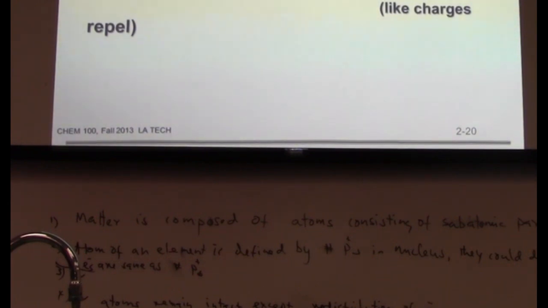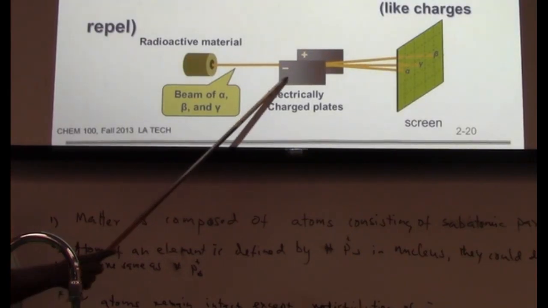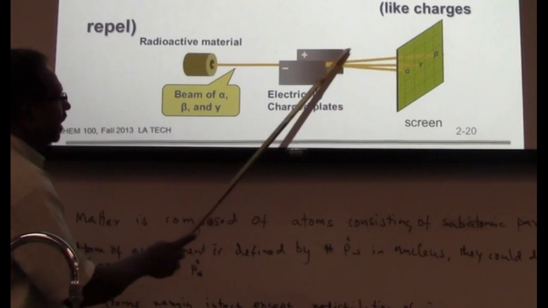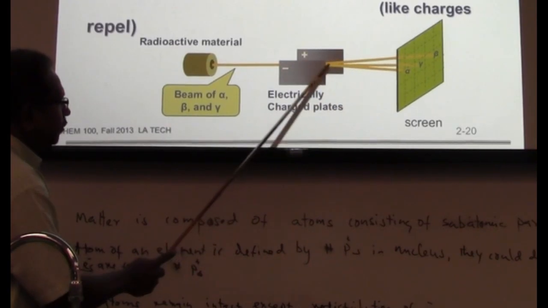Now, this one has a positive charge, this one has a negative charge. How do you know? I will show you how to find the negative and positive charge in a minute. Oh, okay, here. If you put an electrical field, beta gets attracted to the positive plate and alpha gets attracted to the negative plate.